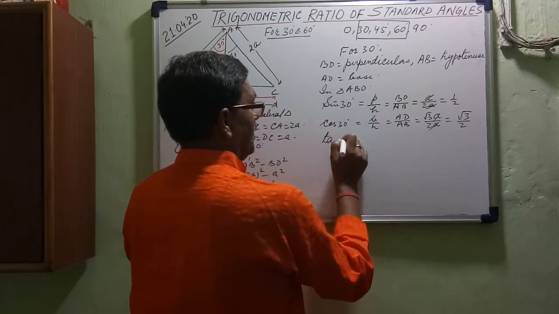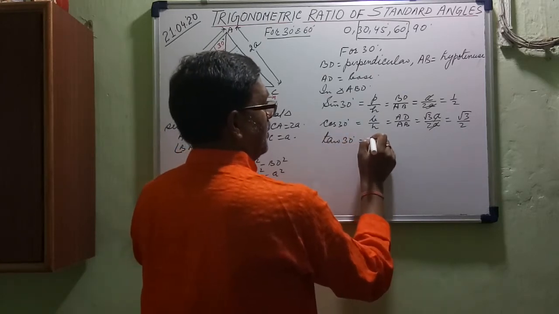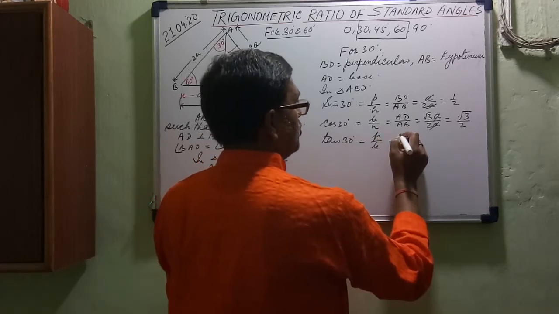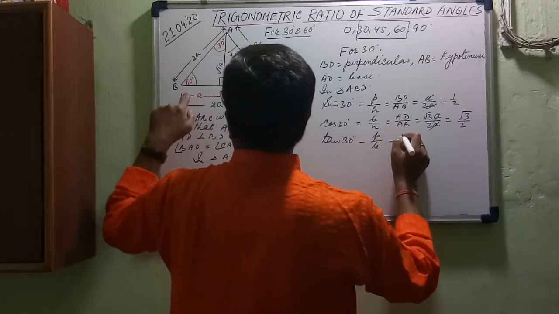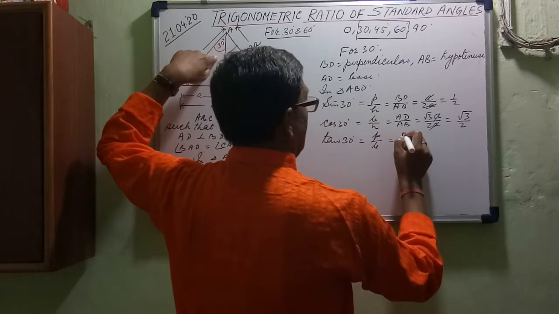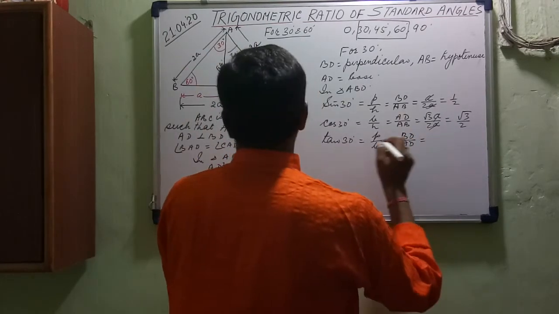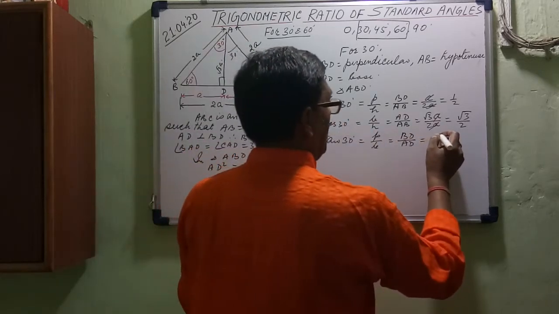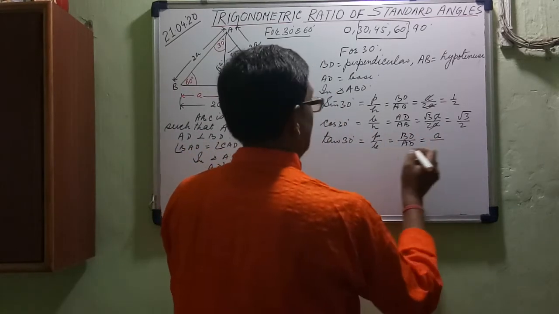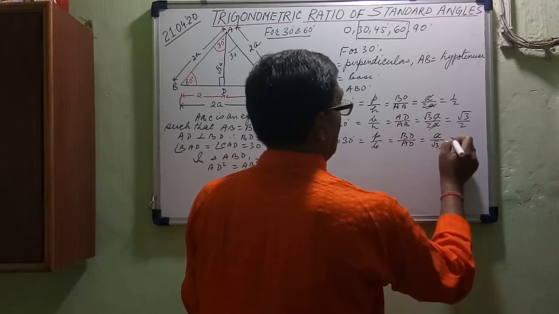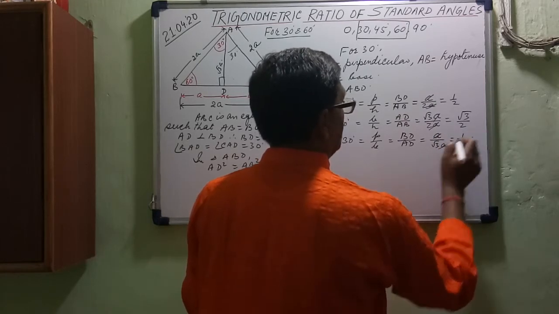Tan 30 degree, P by B, P is equal to how much? For this, P, BD by AD is equal to a by root 3a, that is 1 by root 3.